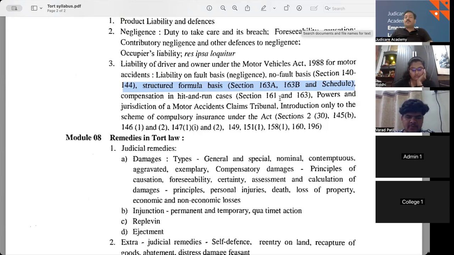They have the scheme which is created and published through the central government, and the form, manner, and the time. So in what form, what manner, and within what stipulated time you have to make the application for compensation is mentioned in those schedules, and the officers to whom such application is to be made are also part of those schemes.